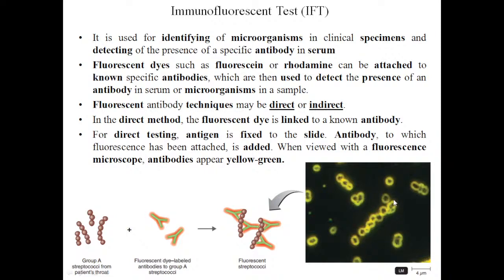You remember the streptococcus are cockle-shaped bacteria. They occur in chains, so we can see that they occur in chains. So you can see green-yellow appearance of streptococcus. So it is used for detection of bacteria in specimen, in clinical specimen.